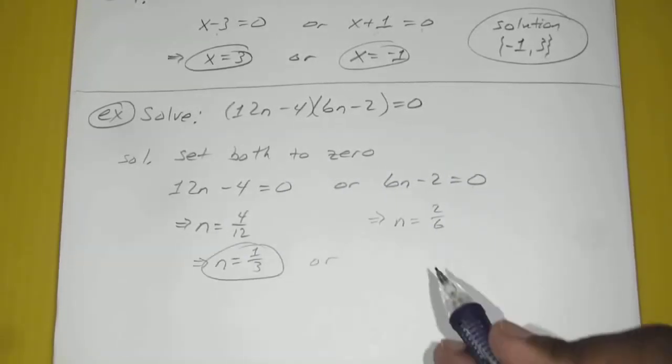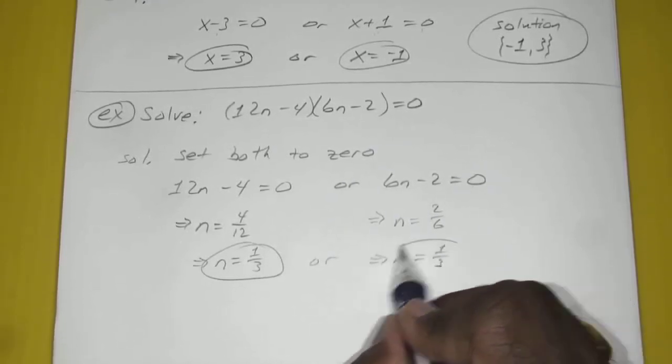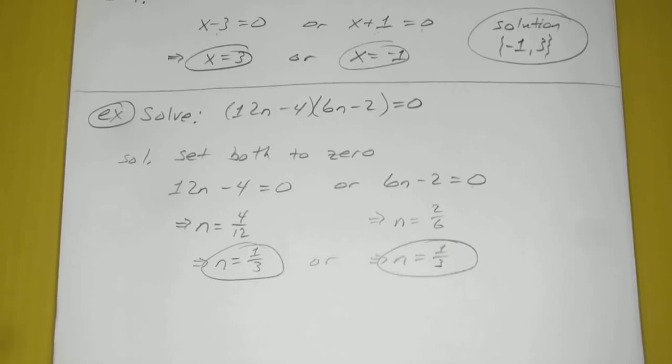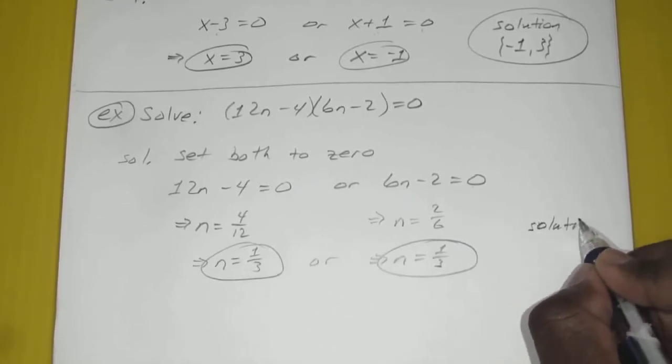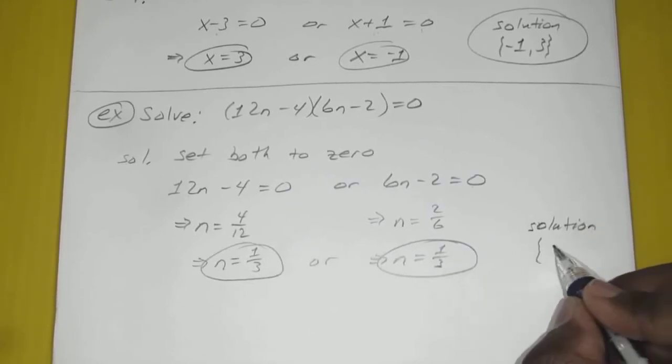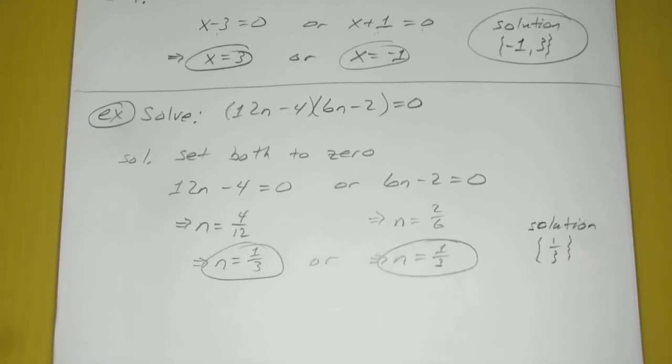If you simplify that, you end up with n equals 1/3. So your solution for this one is just 1/3. Just because it appears twice, you only have to put it as a solution once. So in this case, both of those would equal 0. Okay. Any questions on either one of those?